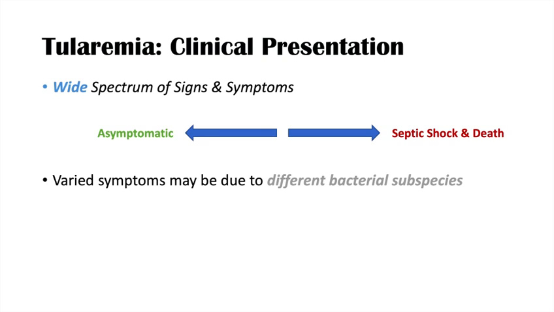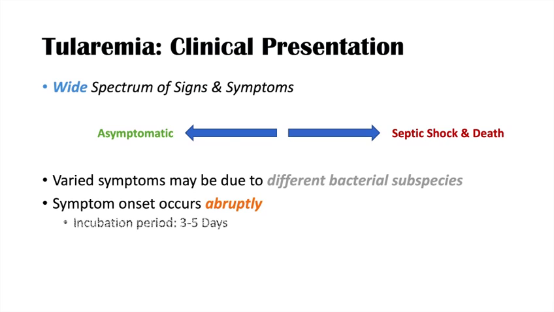There are actually two subspecies I didn't talk about before: Francisella tularensis subspecies tularensis, and another subspecies known as Francisella tularensis holarctica. The subspecies tularensis can cause a more severe clinical presentation, whereas the other subspecies doesn't cause as severe a presentation. When individuals do have symptoms, there's an abrupt onset of symptoms.